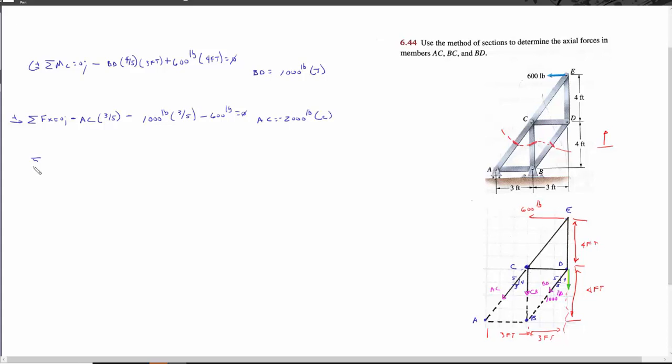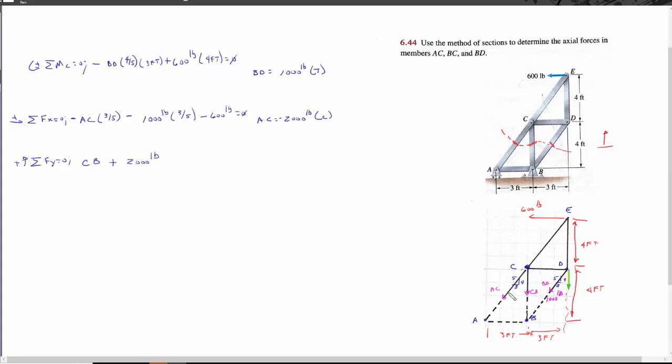If I sum my forces now in the y, because I already have AC and BD, I can solve for CB, because CB is only in the y direction. So that's going to be plus 2,000 pounds. Now, you may say, why is it positive?